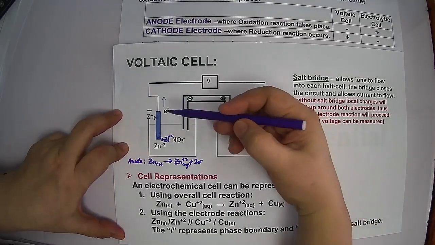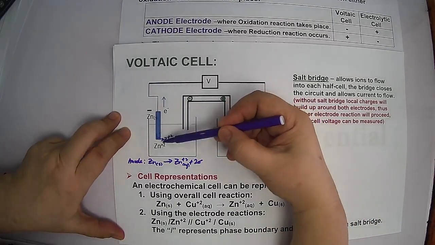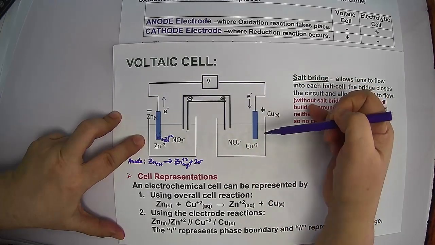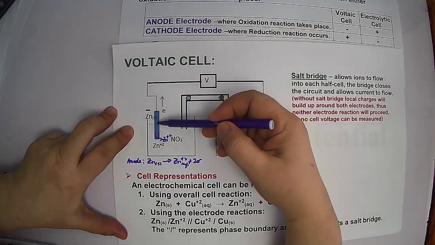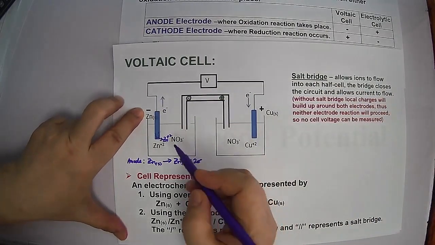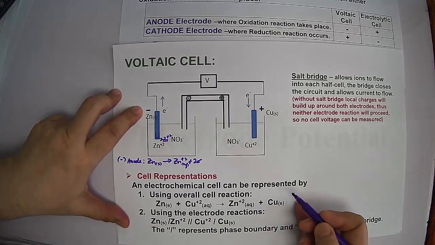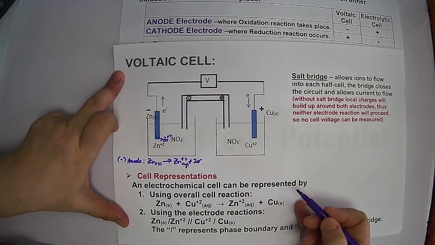Since in this compartment the electrons are migrating towards the other electrode, and the electrons are coming from this direction, this electrode is negatively charged. The anode in a voltaic cell is negatively charged.